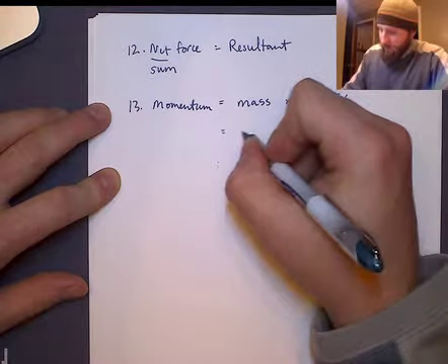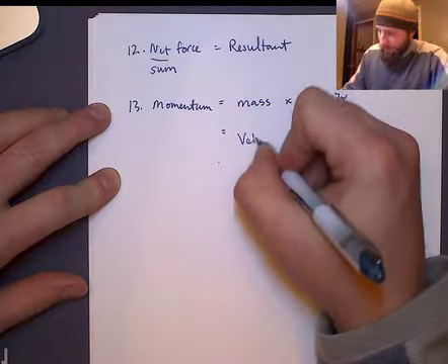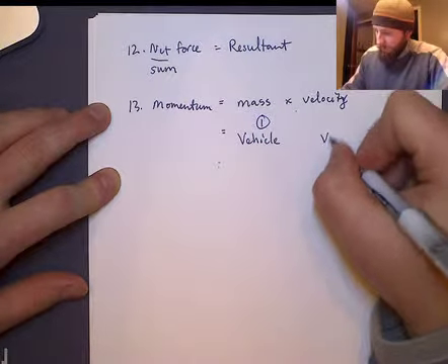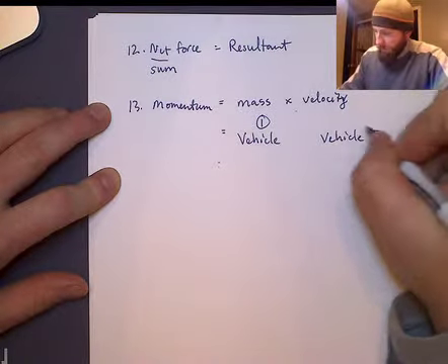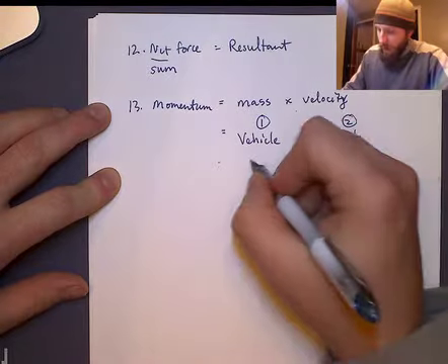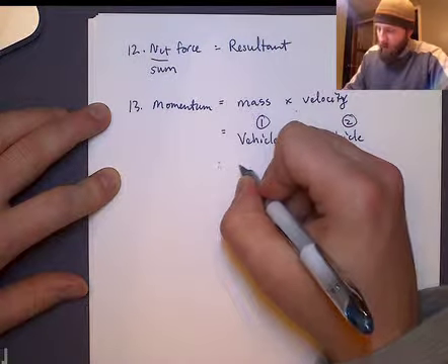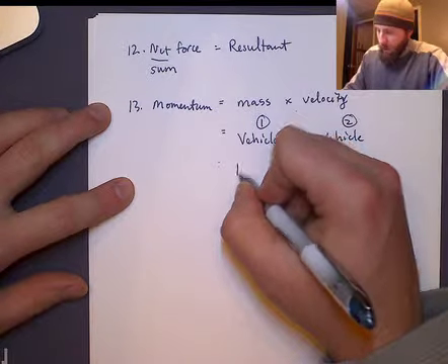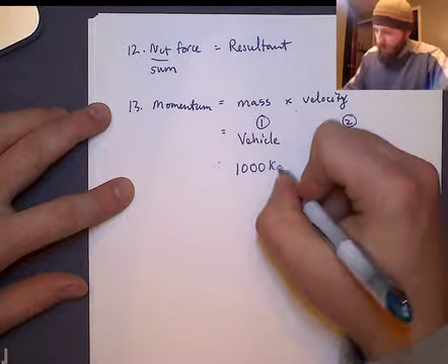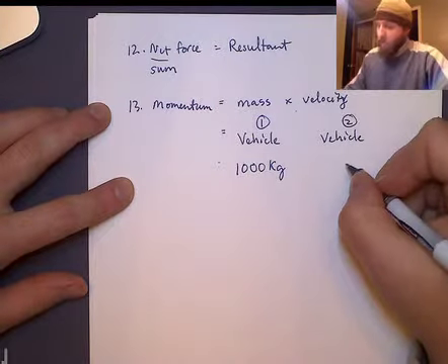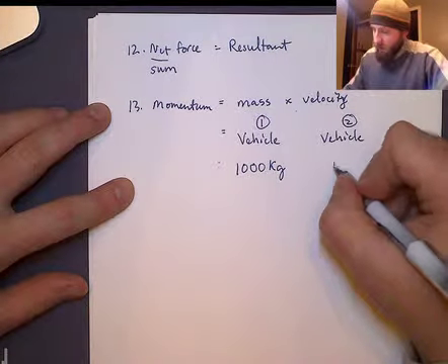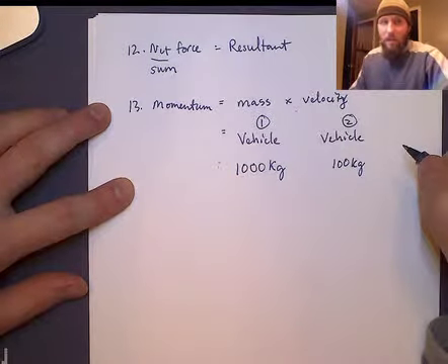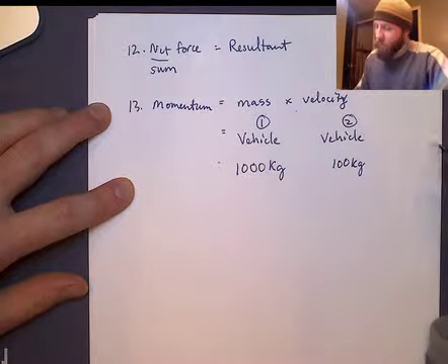If 2 vehicles, you have vehicle 1 and you have vehicle 2, and vehicle 1 has a mass, let's make just a random number here, of 1,000 kilograms, and vehicle 2, a much smaller vehicle, only has 100 kilograms, and that'd be a very, very small vehicle, like a bike maybe, maybe like a motorcycle.